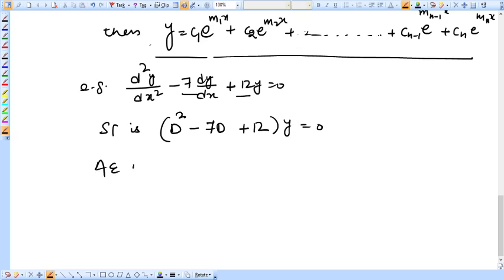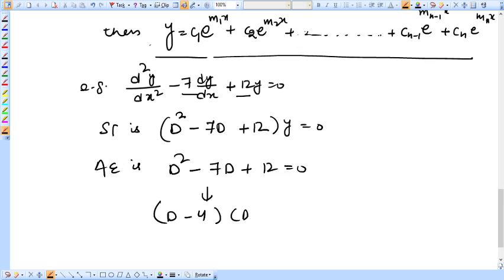The auxiliary equation is D square minus 7D plus 12 equals 0. This is a quadratic equation, and we know how to solve a quadratic. It can be factorized into (D minus 4) into (D minus 3). So D is equal to 4, 3.